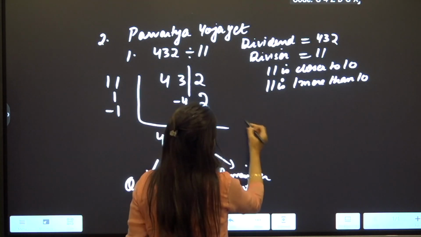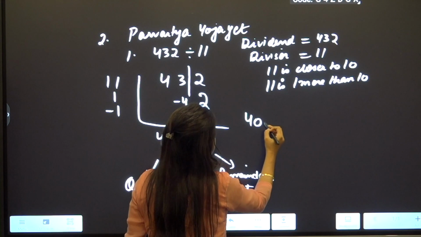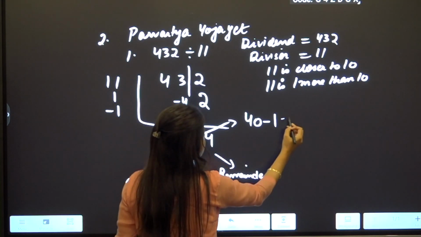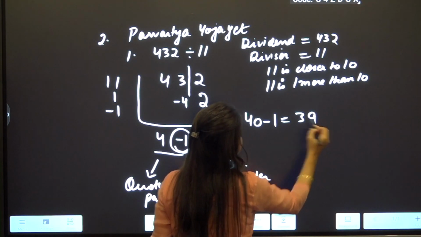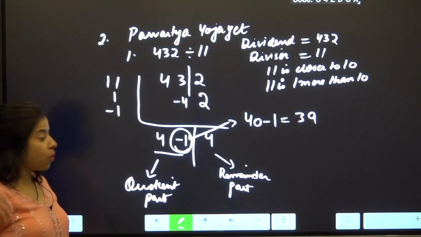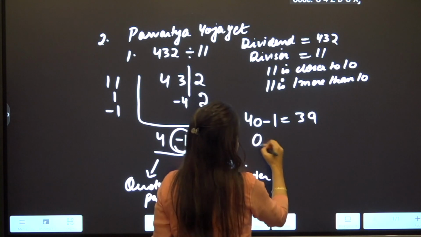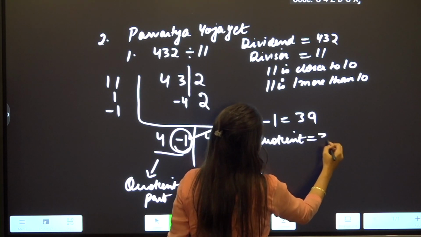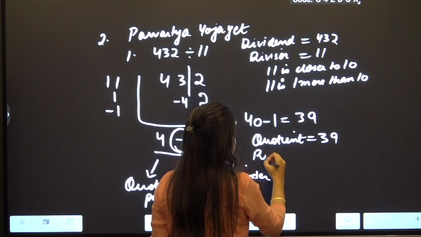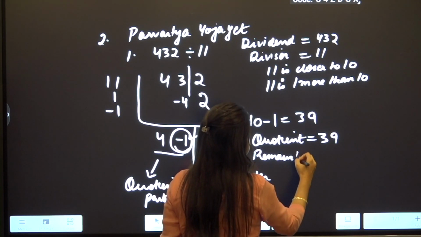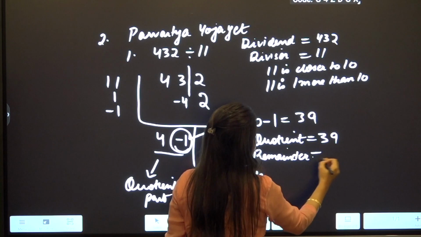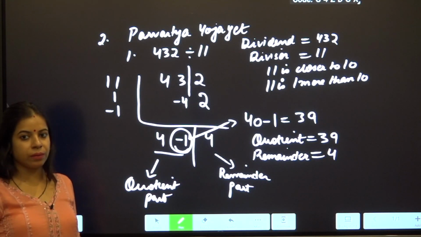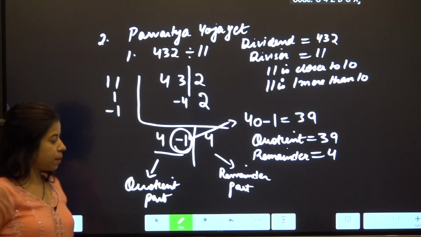See, this is 40 minus 1. So, this will become 39. So, here the quotient is 39 and the remainder is 4.